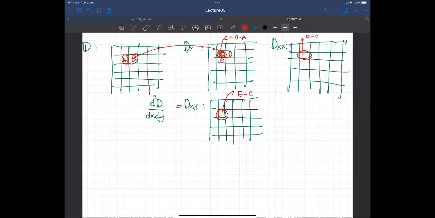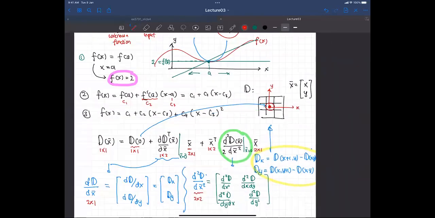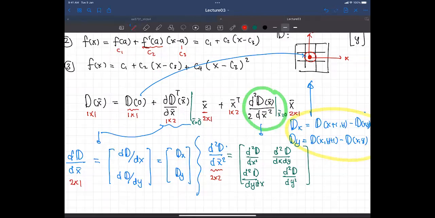Any question, anyone? Yeah, it's very simple operations. So that's how we can get all the matrix here, 2 by 2.